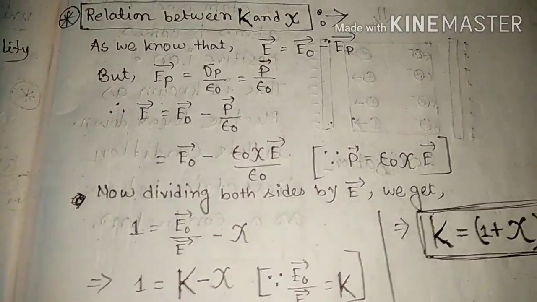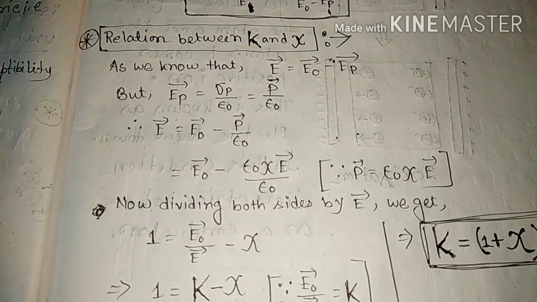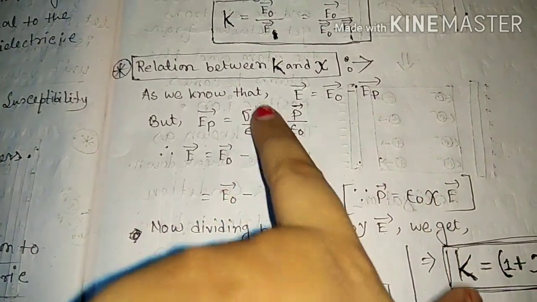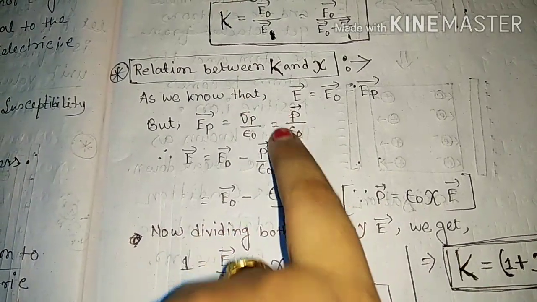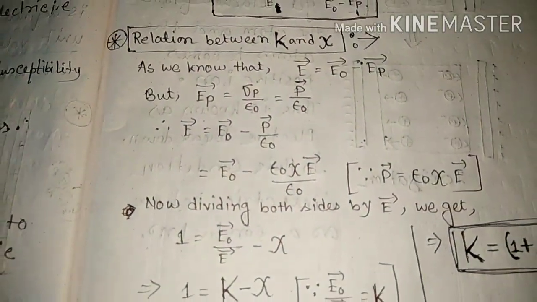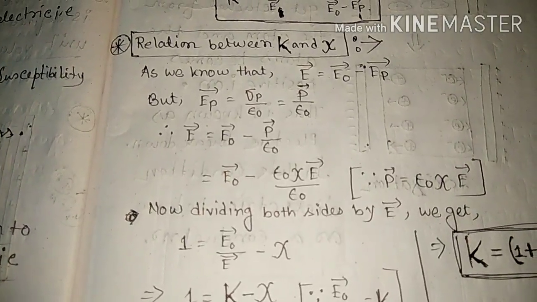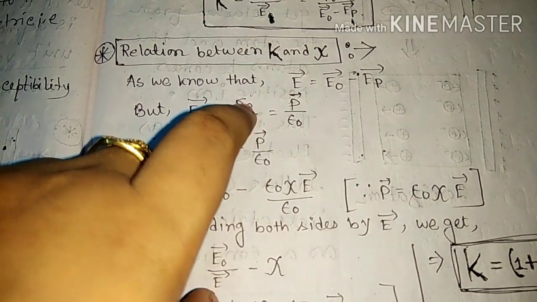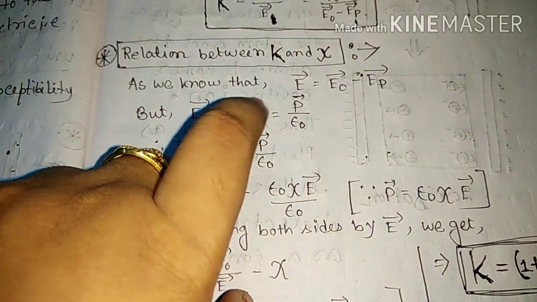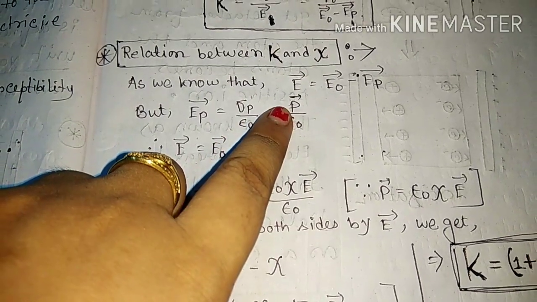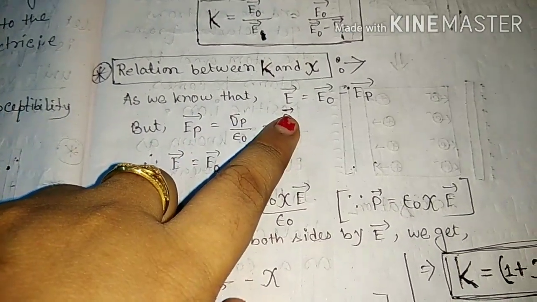It is very easy, just remember it stepwise. First you write this expression, then you replace EP by the surface charge. From the derivation, we know the electric field due to a thin sheet, and in place of sigma P we can write the polarization density, because both are equal to each other.